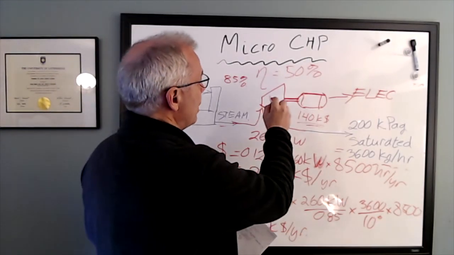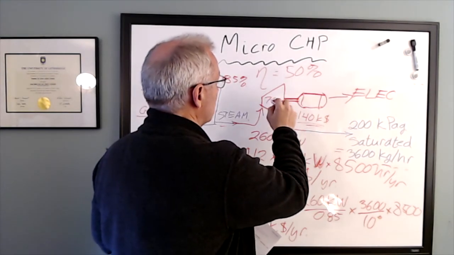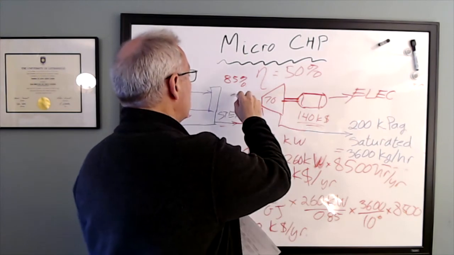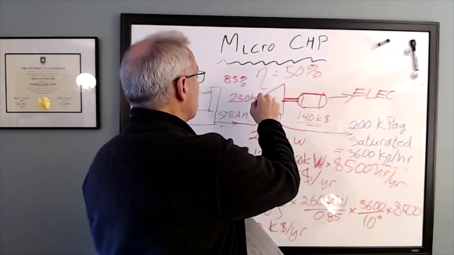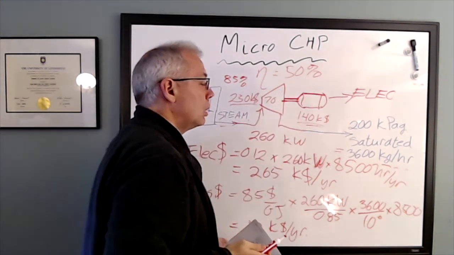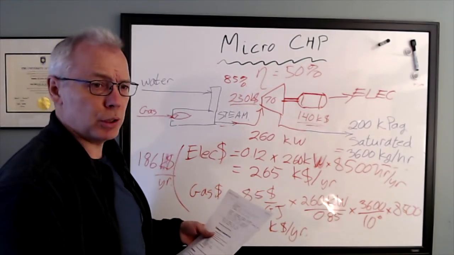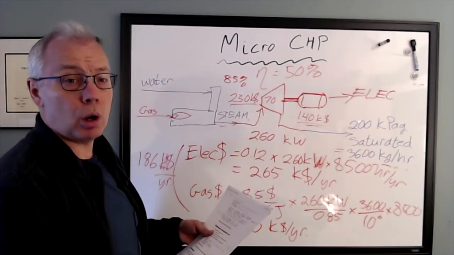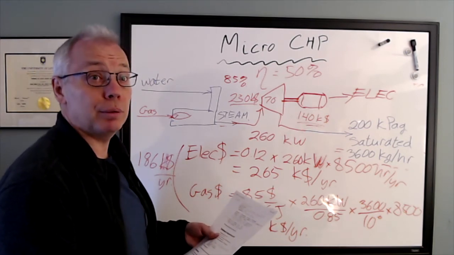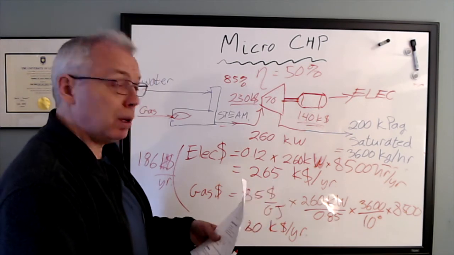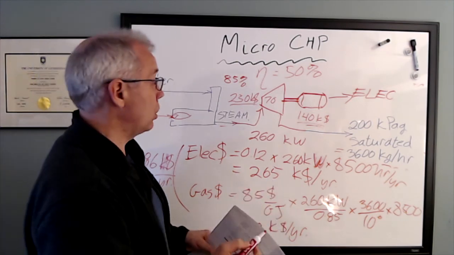So this is about $70,000. So the total should be about $230,000 for the equipment purchase. That means the total installed cost, using an install factor of 2, should be about $460,000.